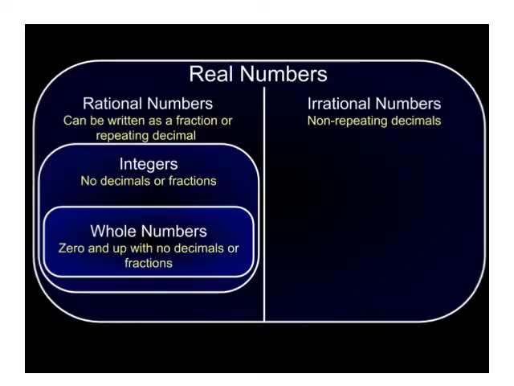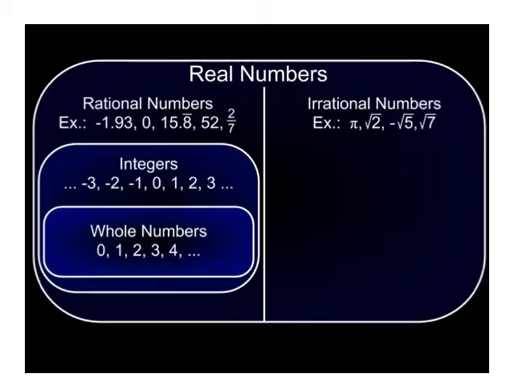Now, I want to take a look at some examples of what some of these look like. Here are some actual examples for each one of those. So you can see for irrational numbers, we'll start on the right side, the one that's kind of solitary. We already talked about pi there. But the square root of 2, negative square root 5, square root 7, all of those are irrational because they're decimals that go on forever.